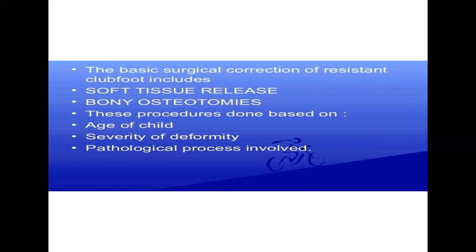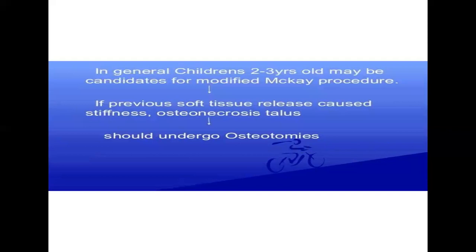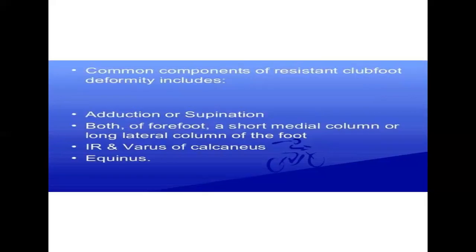The procedure is chosen based on the age of the child, severity of deformity, and pathological process involved. In general, children 2 to 3 years old may be candidates for a modified McKay procedure if previous soft tissue release caused stiffness, osteonecrosis; the talus should undergo osteotomies.